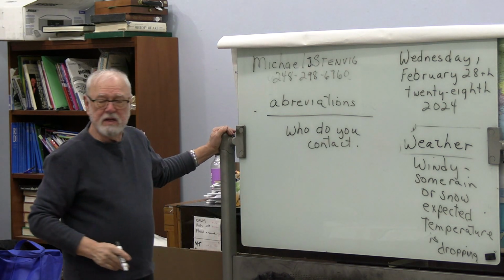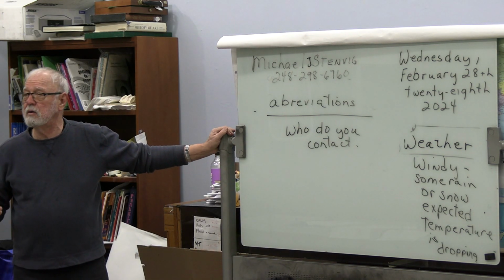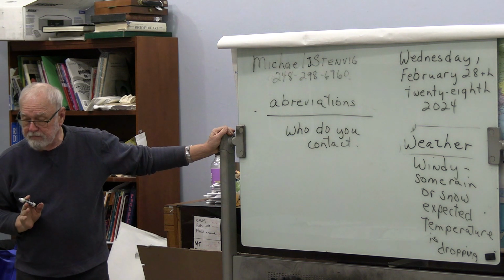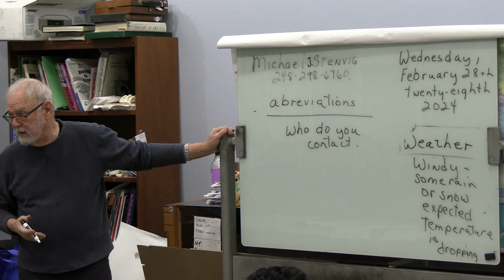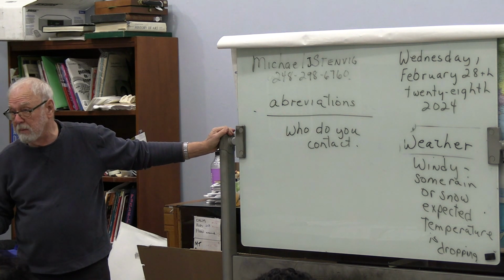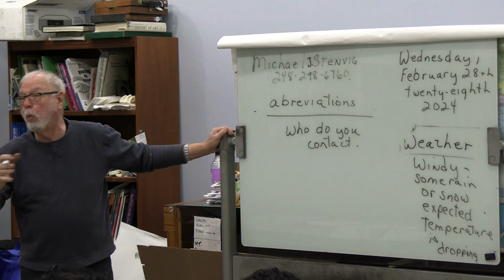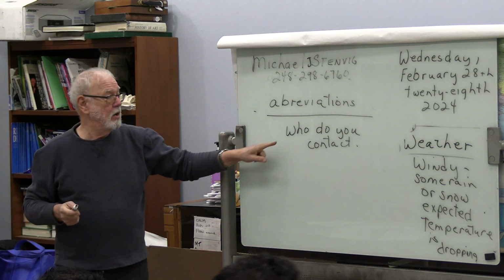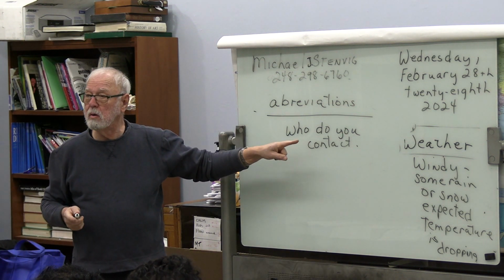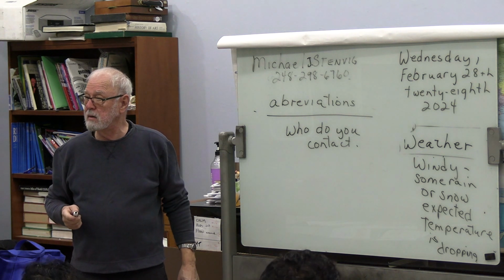Yeah. This is the one that often trips people up. So for example, we're talking about an apartment. It could be about a job. It could be about a warranty. You have to look to see who do you contact.